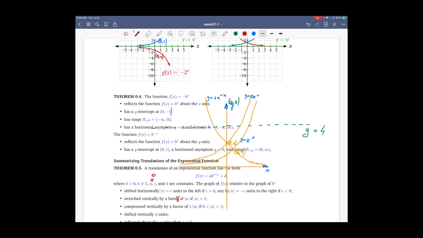And the function will look like this. Let's call it g, for instance.